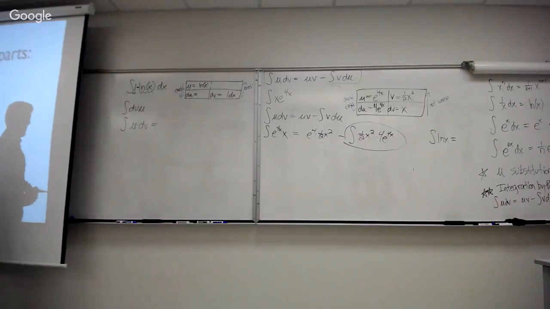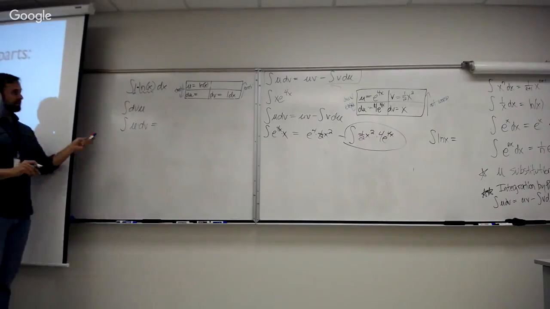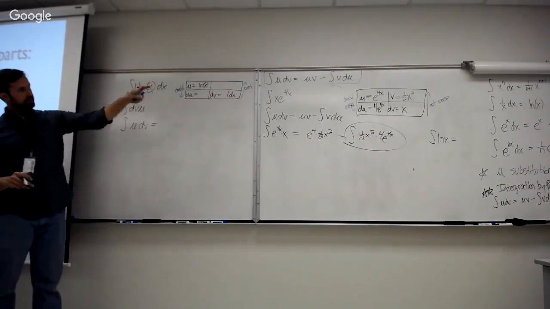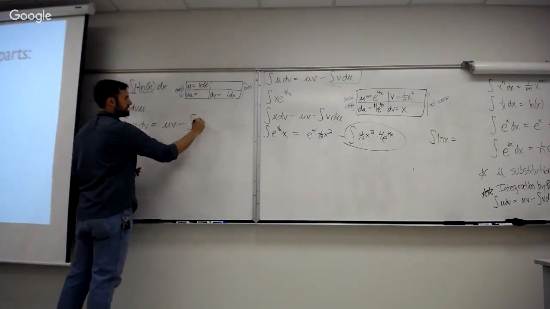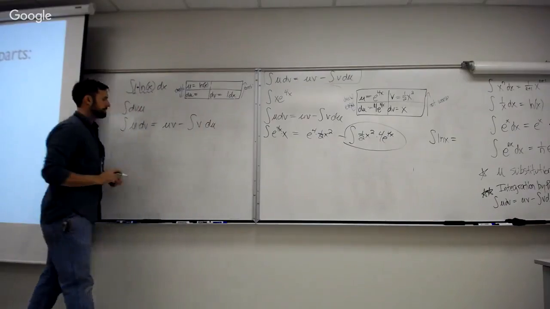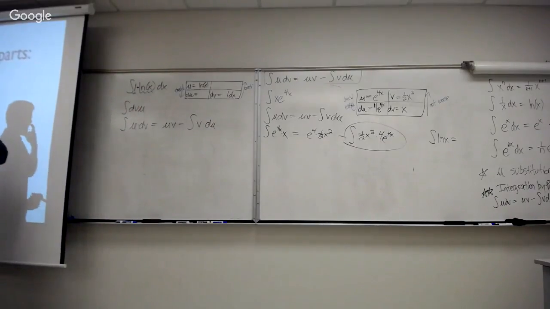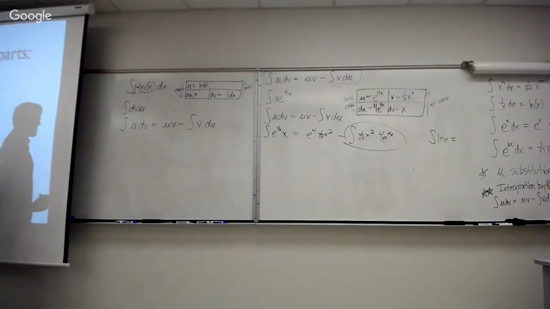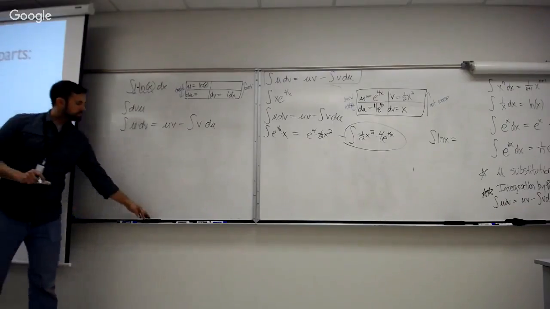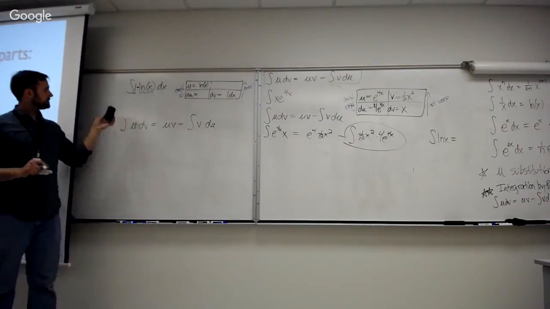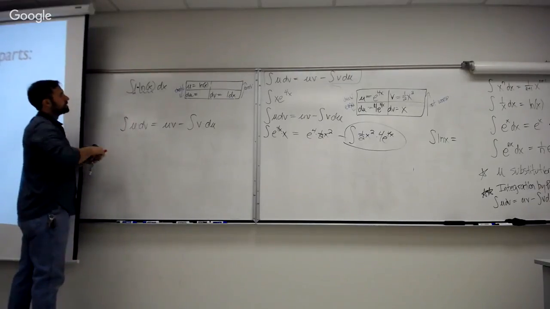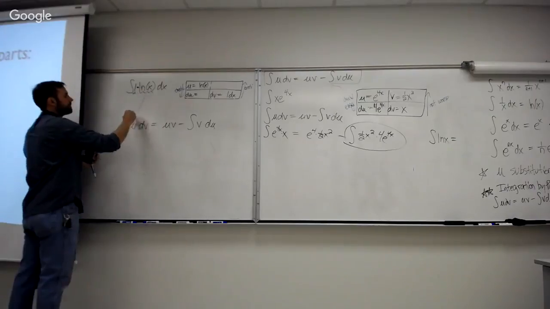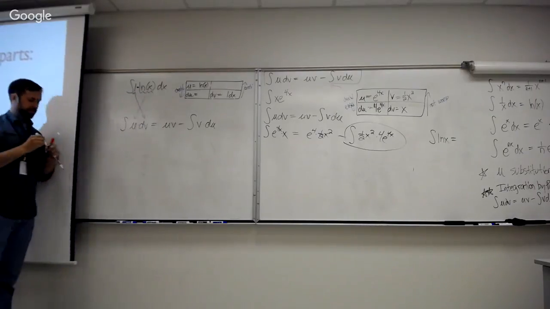So that's the beginning of our formula. Let's write down the entire formula for integration by parts. The rest of it is u v minus the integral of v du. There. That's how that happens.